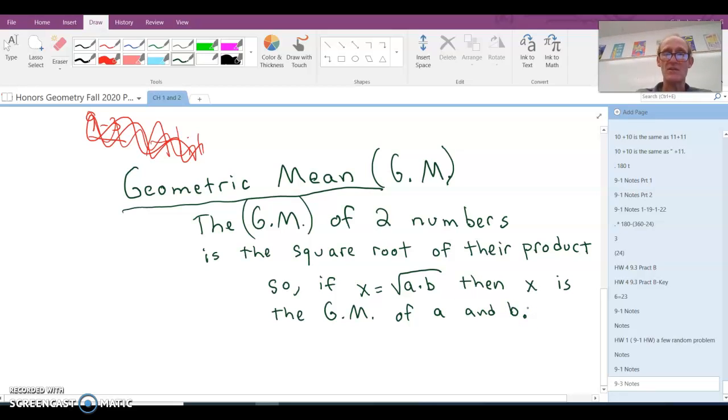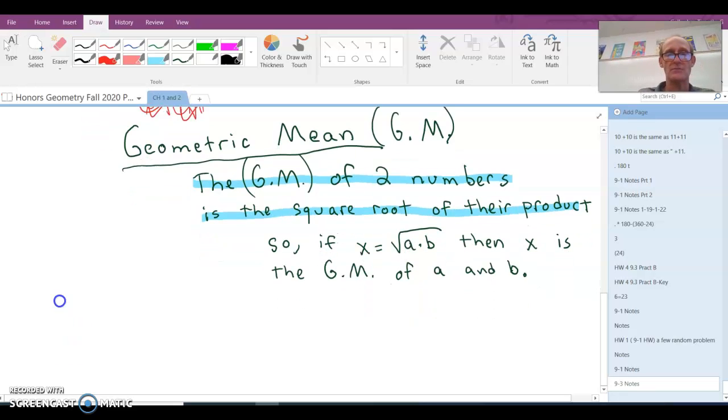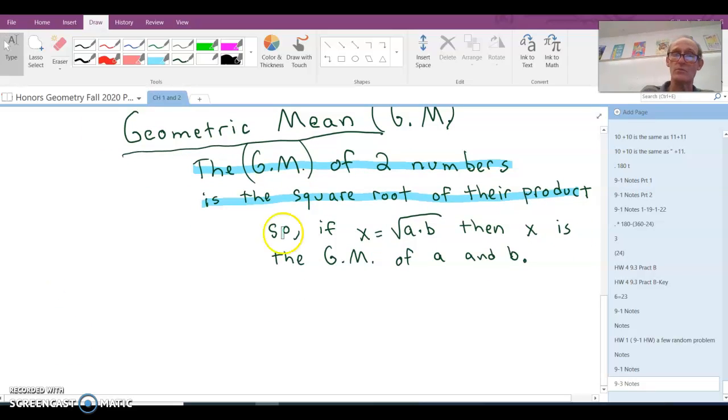The geometric mean of two numbers is the square root of their product. So, if x equals the square root of a times b, then x is the geometric mean of a and b.